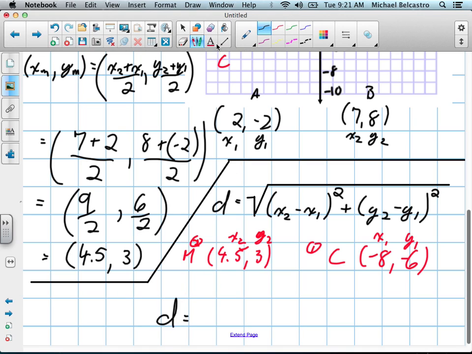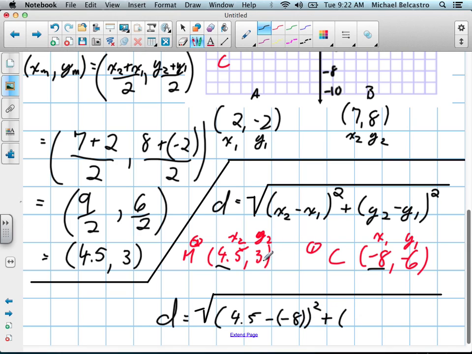So we're going to plug this into our distance formula. D is equal to the square root of x2, in this case 4.5, subtract x1, in this case -8. So we're subtracting -8. Okay? That would become squared. Plus y2 is 3. And y1 is subtracting -6.